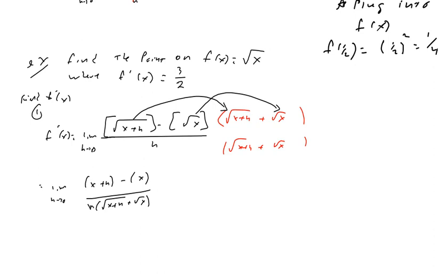Up on top, the nice thing is the x's cancel. So I'm going to have the limit as h approaches 0 of h over h times square root of x plus h plus square root of x. The h's cancel.